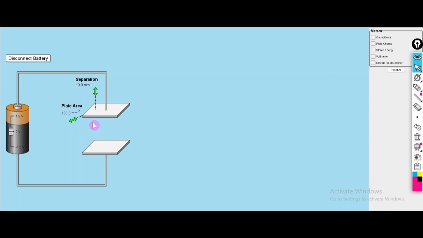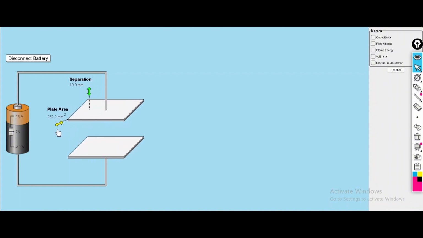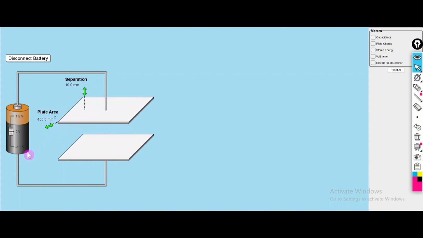What will be the concept for the electric field lines between the two plates? Here I am going to increase the length of these plates. This is nothing but a capacitor. A capacitor usually has these plates, this one plate and this the other plate.